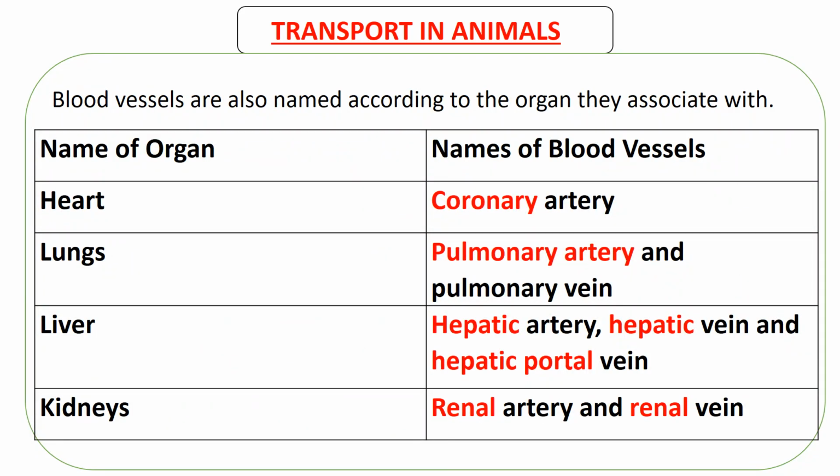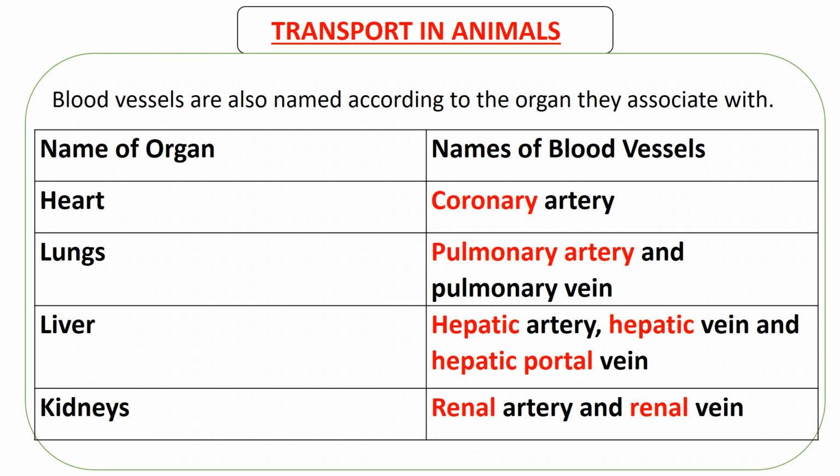So now there's this knowledge that you need to know. Blood vessels are also named according to the organ they associate with. This information will make it easy for you to understand certain types of arteries and the organs they are associated with.